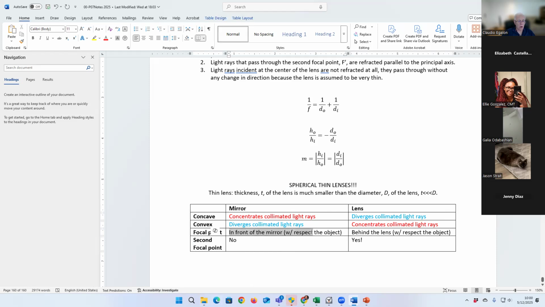Here you go. On the same side of the object. On the other side of the object. Second focal point, yes, we have for the lens, but not for the mirror.